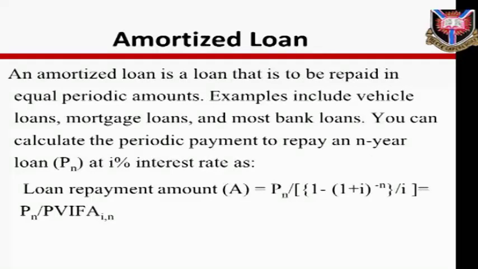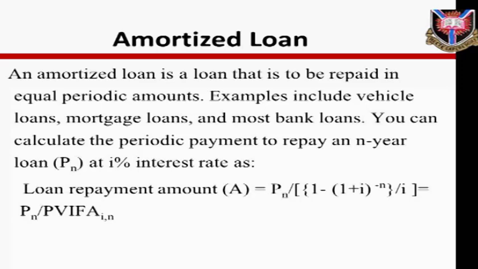Amortized loan. An amortized loan is a loan that is to be repaid in equal periodic amounts. Examples include vehicle loans, mortgage loans, and most bank loans.